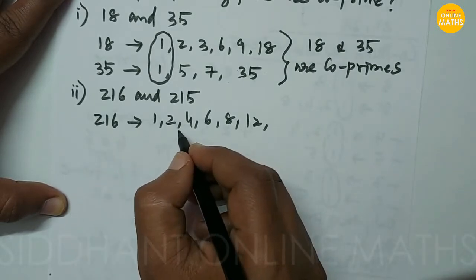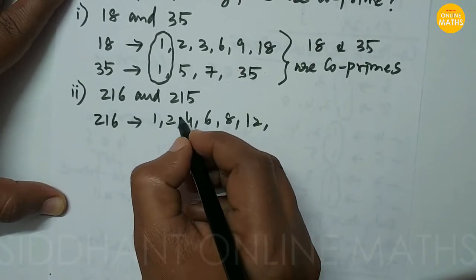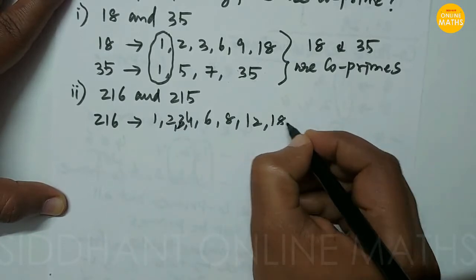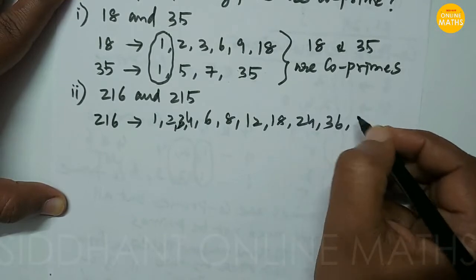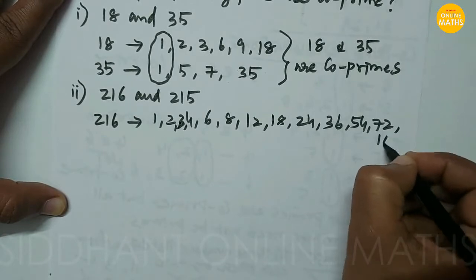It is divisible by 2 and also by 3, so we get 18, 24, 36, 54, 72, 108.